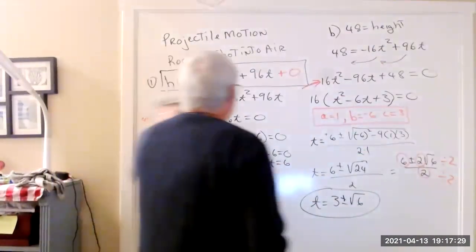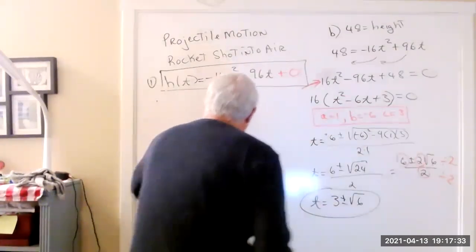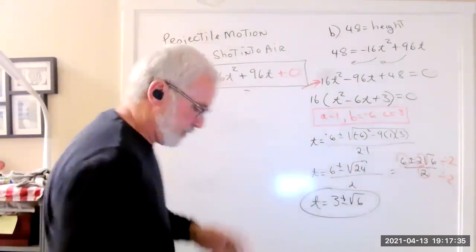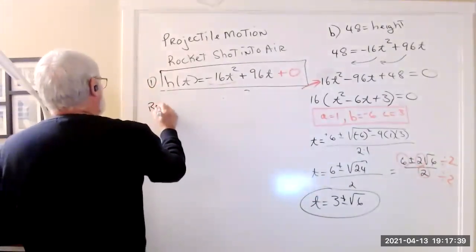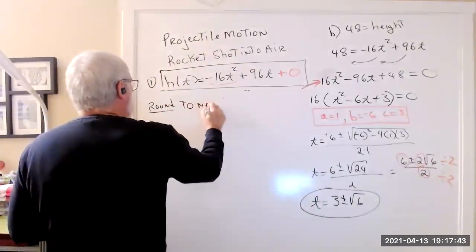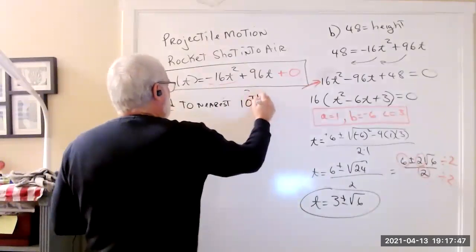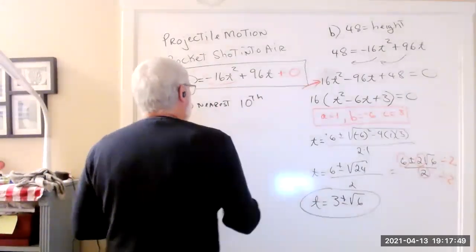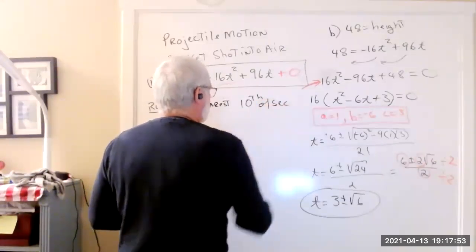What if I said, round your answer to the nearest 10th? This is time, so it'd be 10th of a second, whatever.